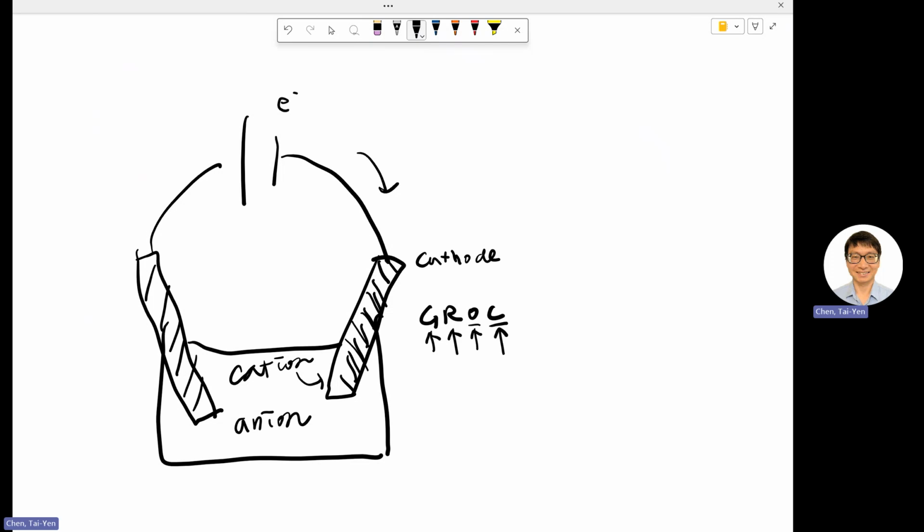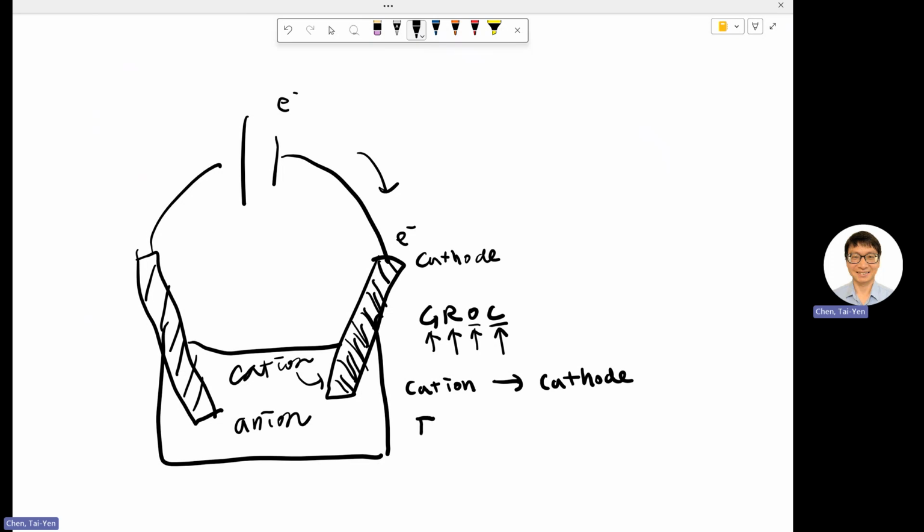And it always happens at the cathode. Once electrons go here, the cation will come to the surface of your cathode and get reduced. So a key concept inside your electrolytic cell is that your cation will move toward your cathode and get reduced. So this is a process about reductions.